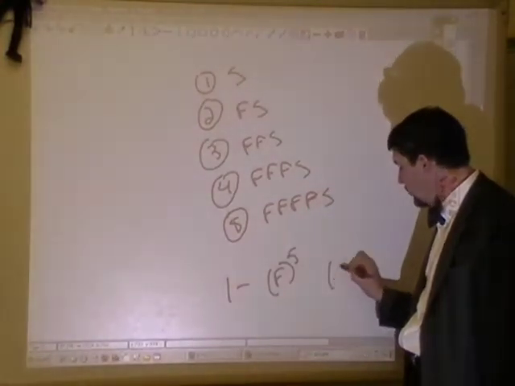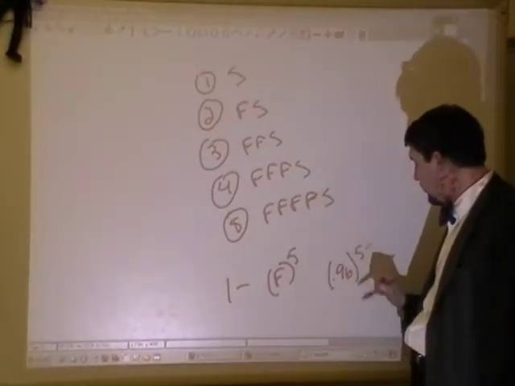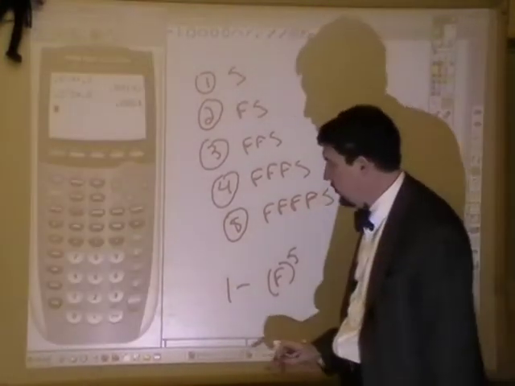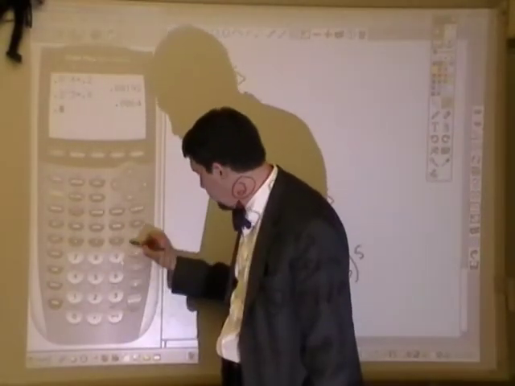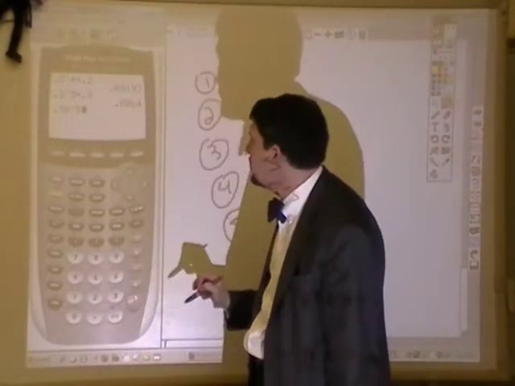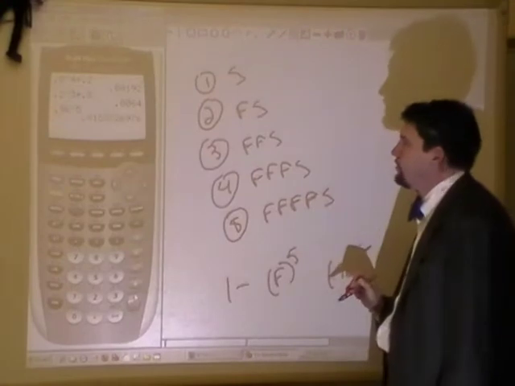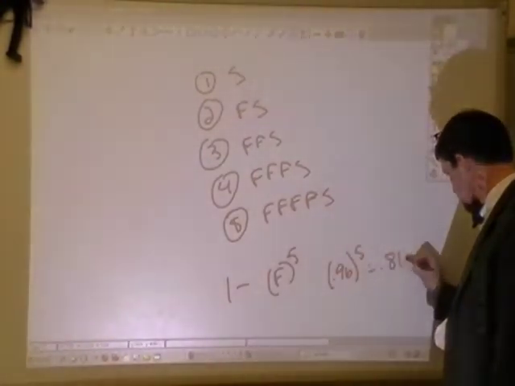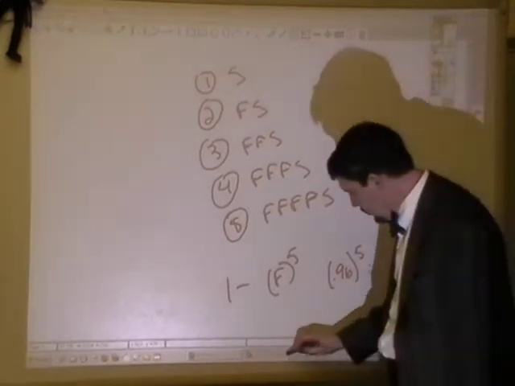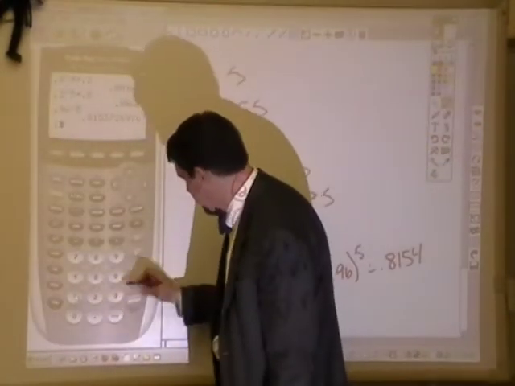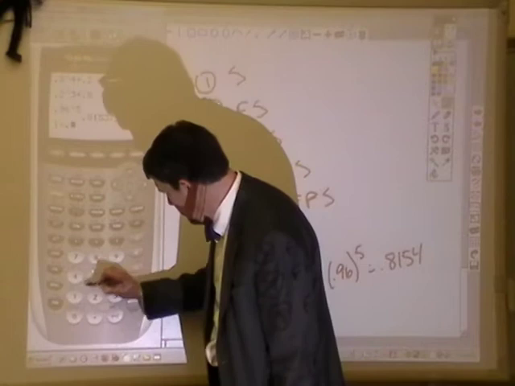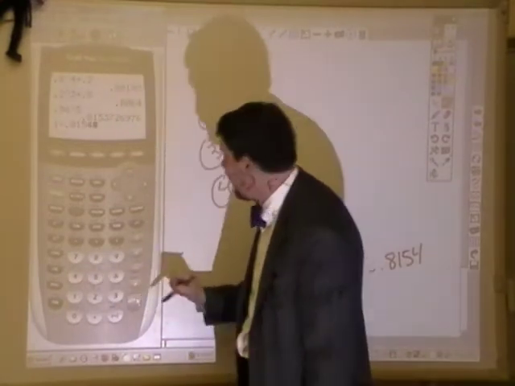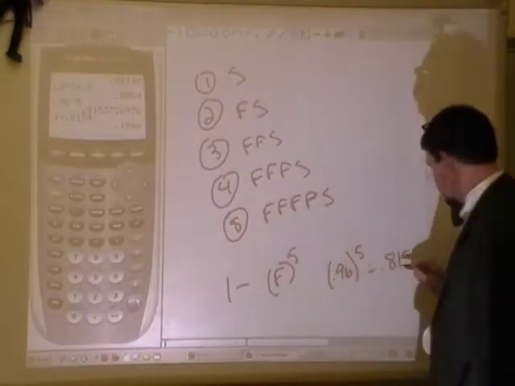So failure here is 0.96 to the 5th power, which is 0.8154. So I would do 1 minus 0.8154, and I get 0.1846.